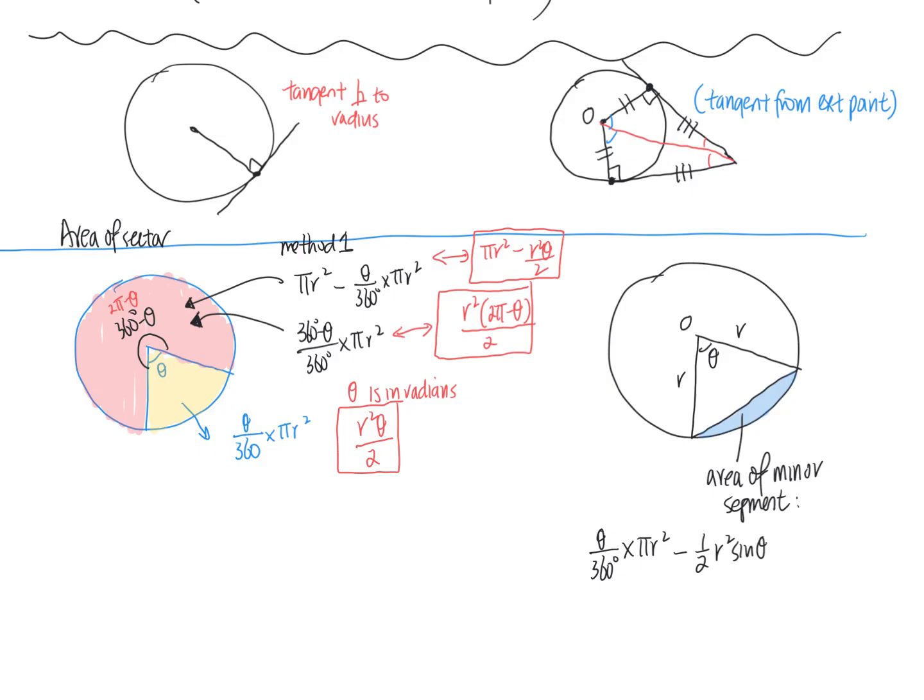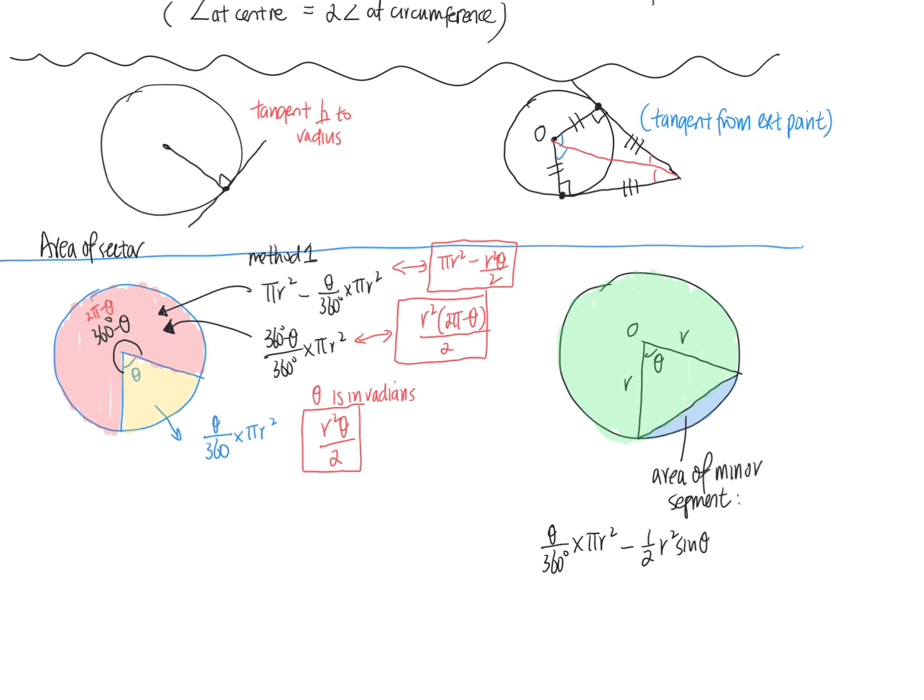But what if I want the major one? Major one is the whole piece of the green one. So you can choose to use circle minus away the minor segment, or you can add the major sector to the triangle. So one way to do it is you use circle minus area of minor segment.